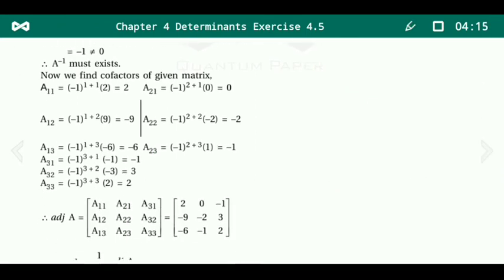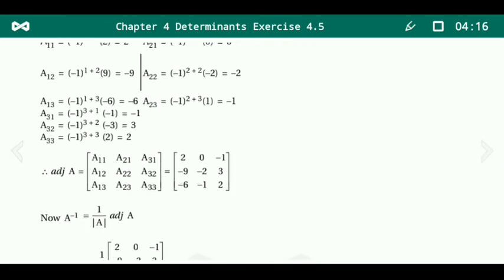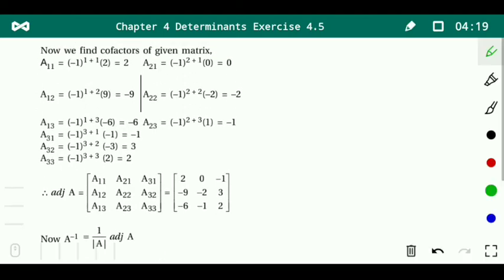Now we put the value of all cofactors in adjoint of A. I will speak column wise: A11, A12, A13, A21, A22, A23, A31, A32, A33 is equal to 2 minus 9 minus 6, 0 minus 2 minus 1, and minus 1 3 2.